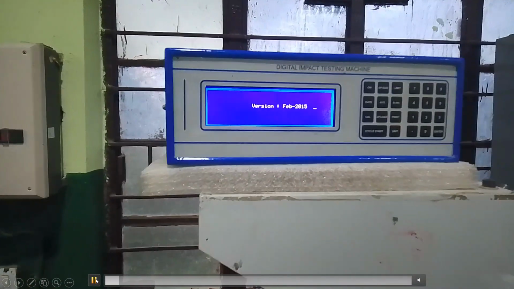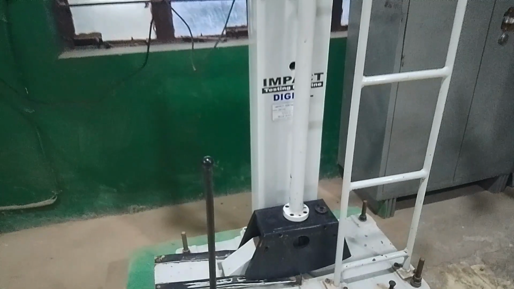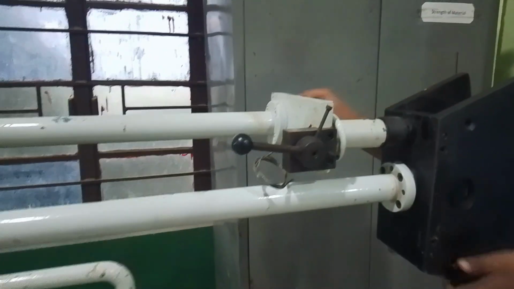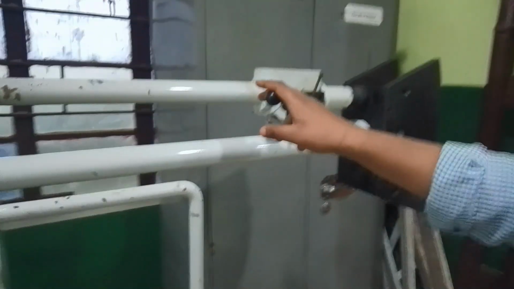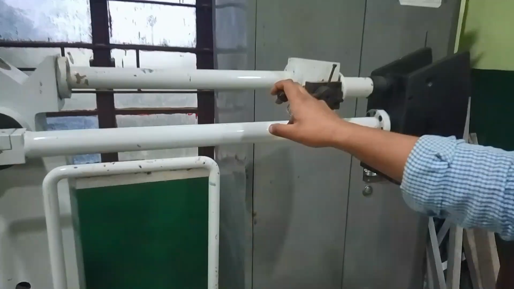To check the friction loss, the hammer is allowed to swing free, that is without placing the test specimen. So here it can be seen the hammer is placed at 90° with the horizontal, and then in the machine you can click on the cycle start, then release the hammer gently, and also note there is no specimen placed at the base.